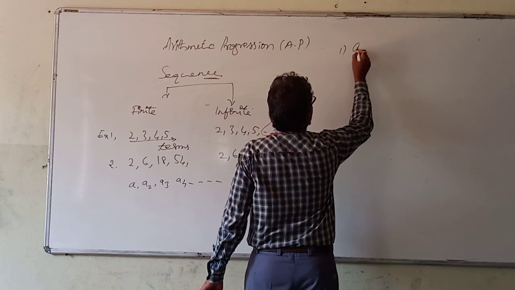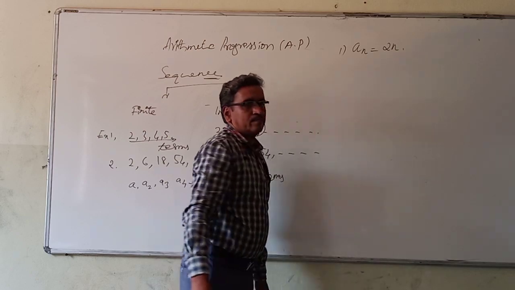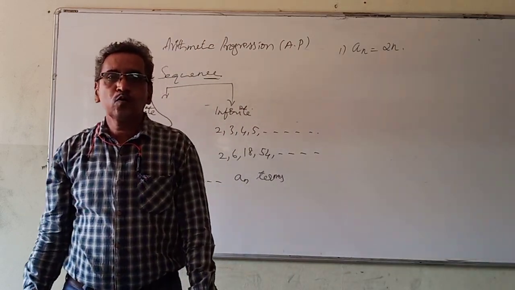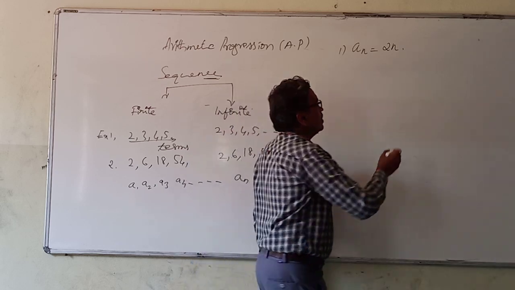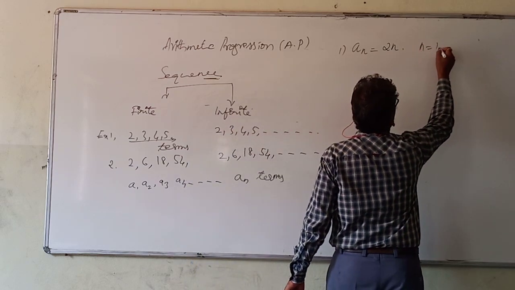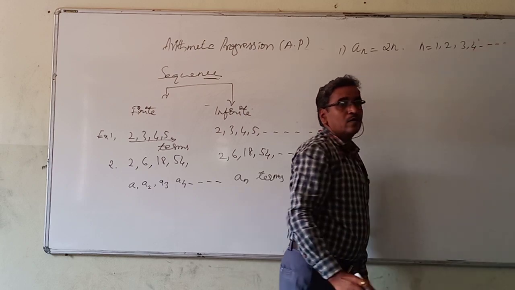Here, just for example, an is equal to 2n is said to be the nth term of the sequence, where n equals 1, 2, 3, 4, they must be natural numbers.